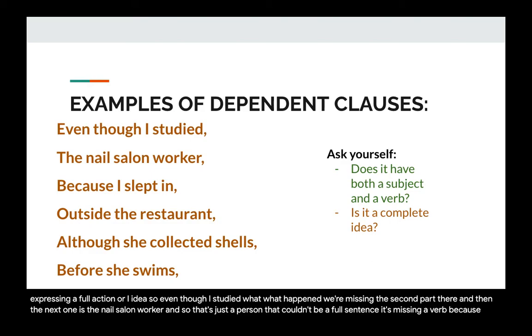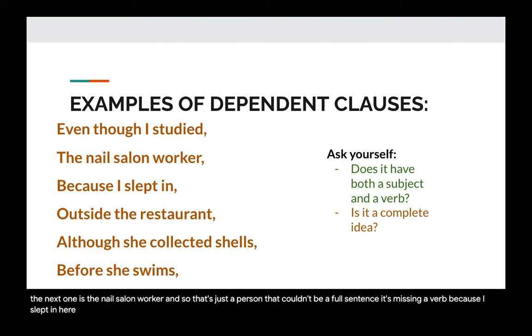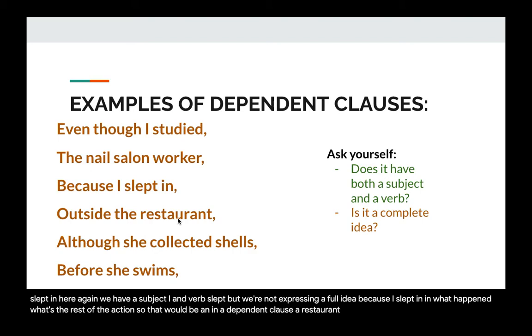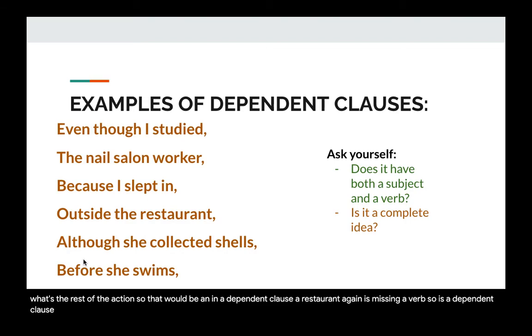Because I slept in. Here again we have a subject I and verb slept, but we're not expressing a full idea. Because I slept in, what happened? What's the rest of the action? So that would be a dependent clause. Outside the restaurant, again, is missing a verb, so is a dependent clause.